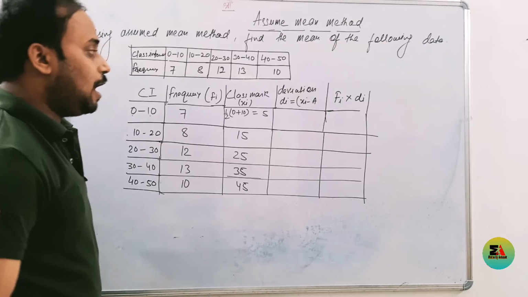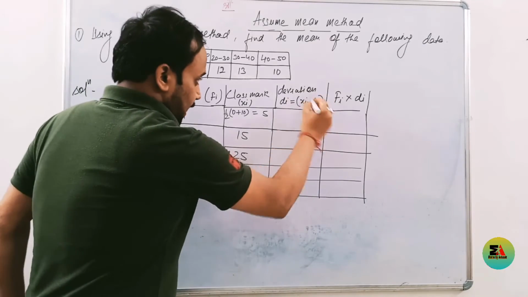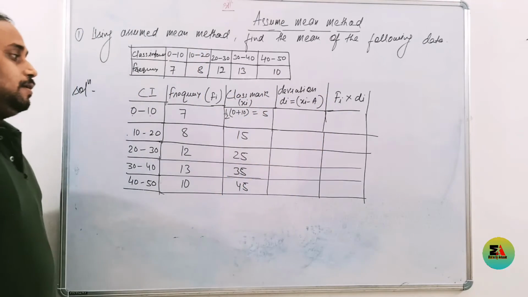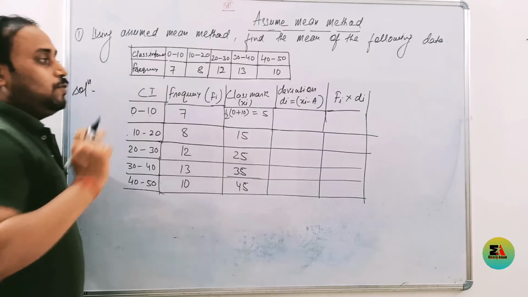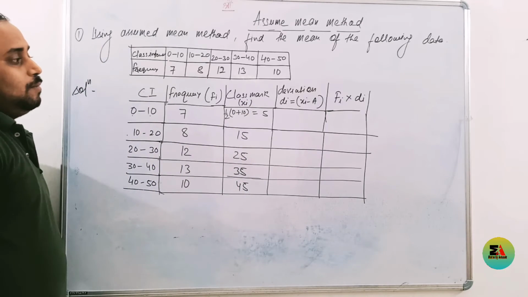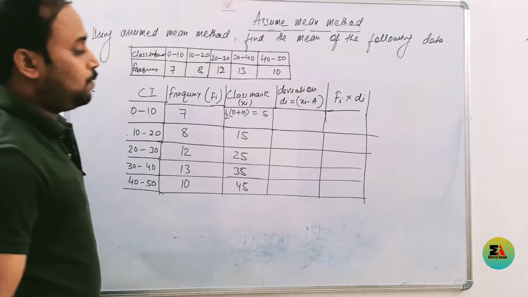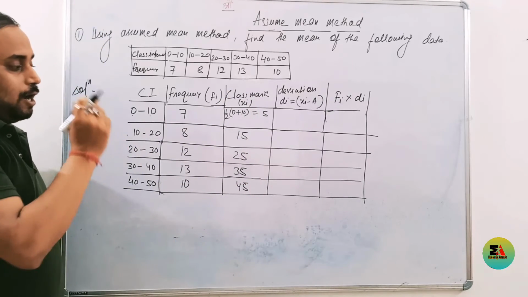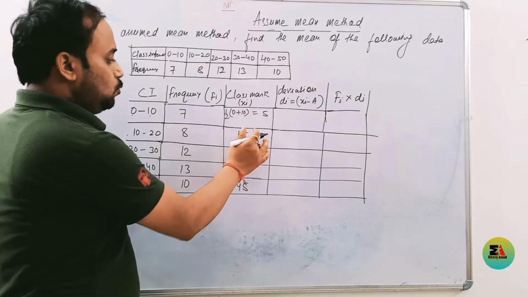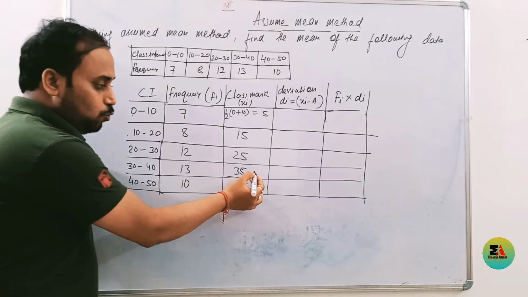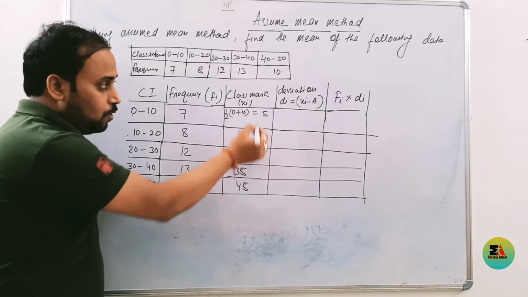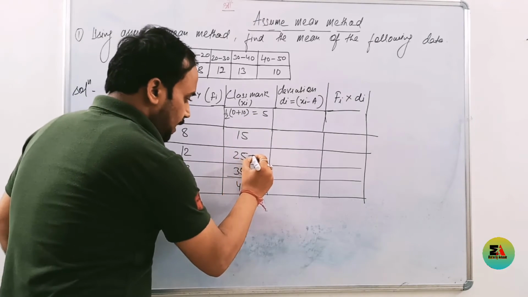Clear? Now next, one of the most important things: which value we have to assume as A. You can take any one, but most probably you take the middle one. How do we find the middle one? We have 1, 2, 3, 4, 5 data. 2 from below, 2 from above, and the middle one is left.